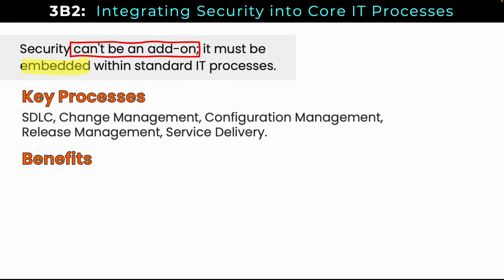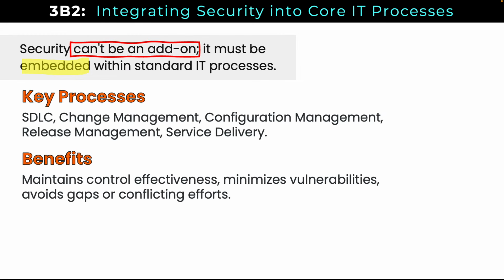At the end of the day, if we embed security from the beginning, it helps us maintain control effectiveness, minimizes our vulnerabilities, it avoids gaps in production services or conflicting efforts where folks aren't organized and there's maybe an overlap where we then have a misalignment of effort, maybe wasted money because we bought controls that are redundant in some place.